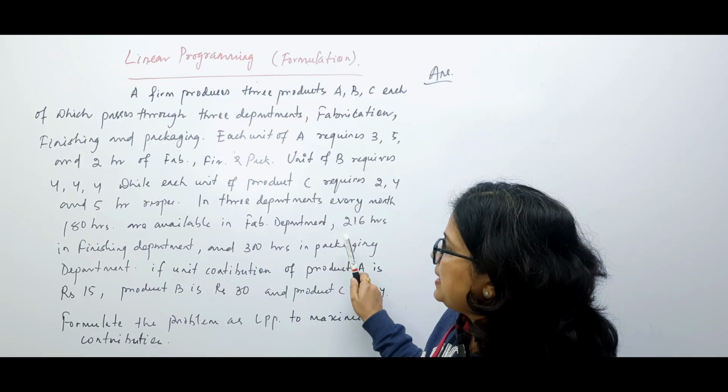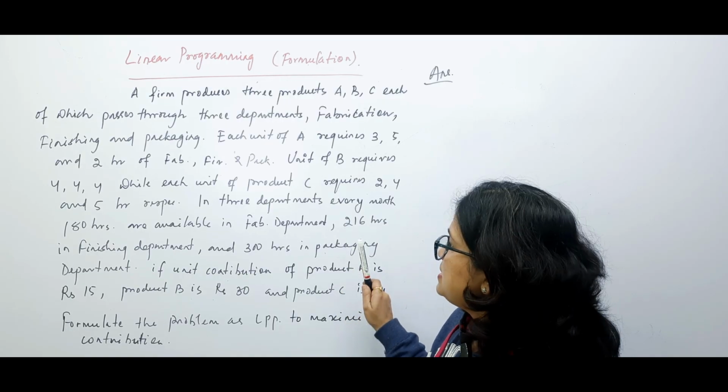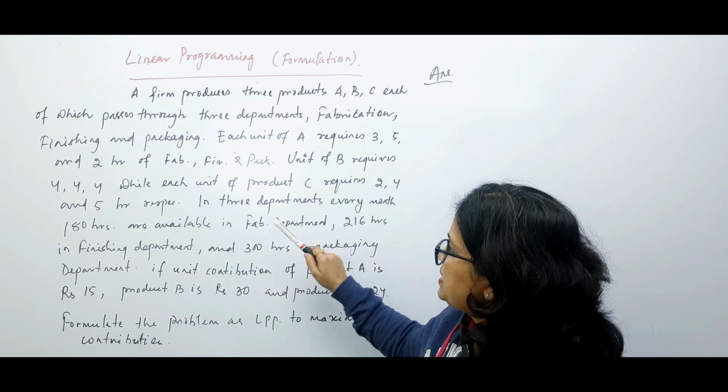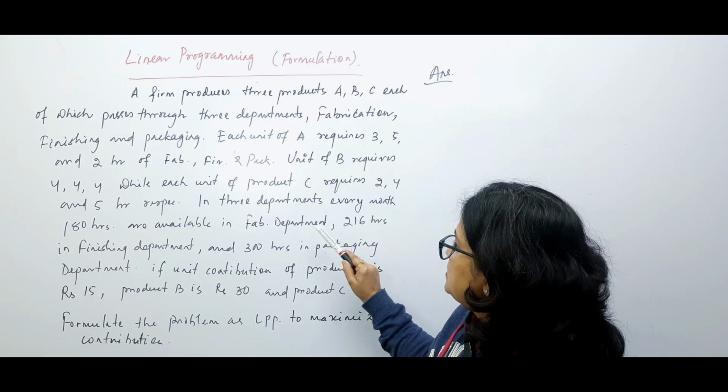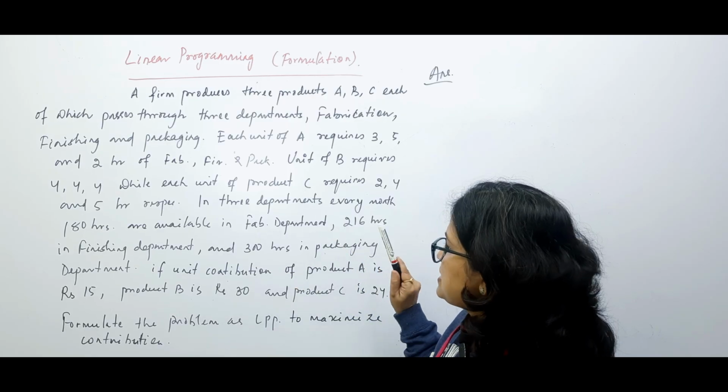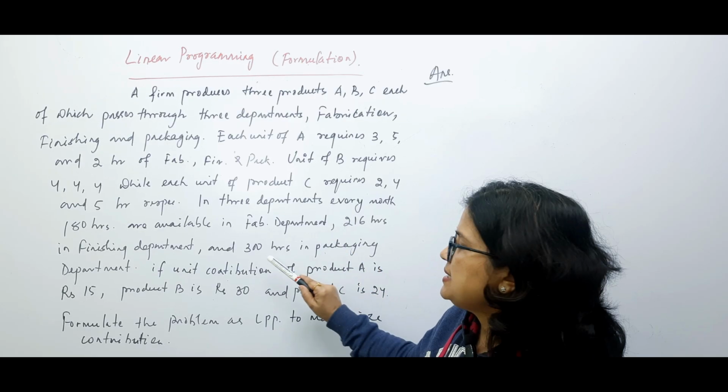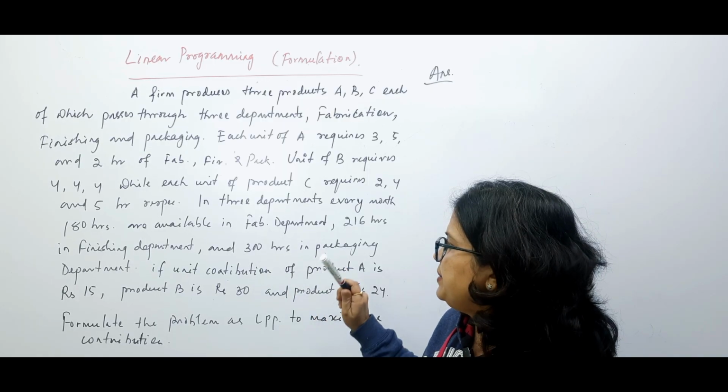So every department has a constraint. This department of fabrication has 180 hours, finishing 216 hours and packaging 300 hours. This is our limitations.